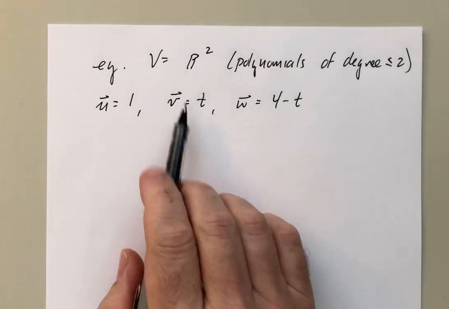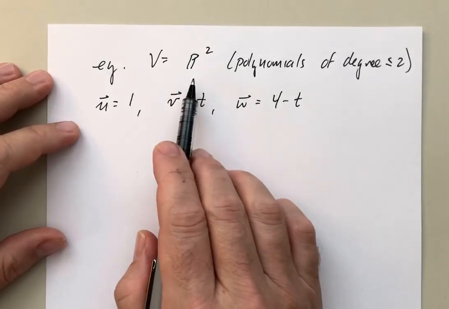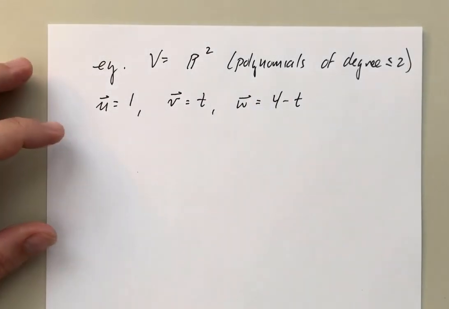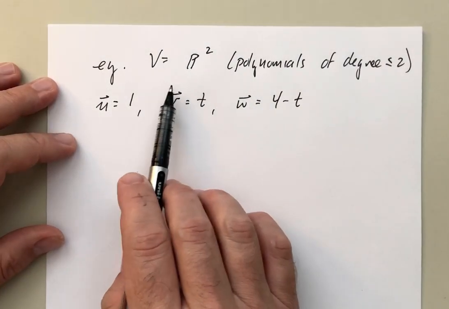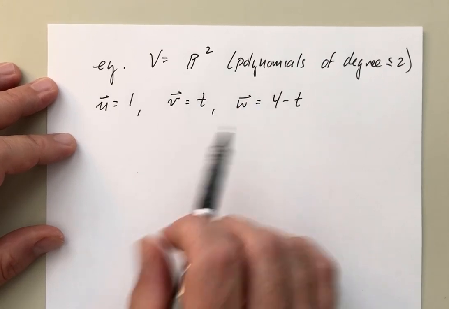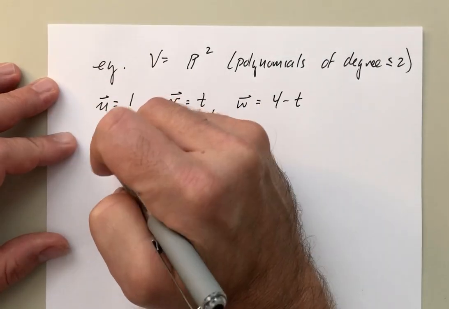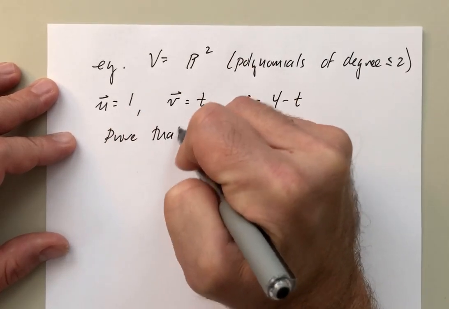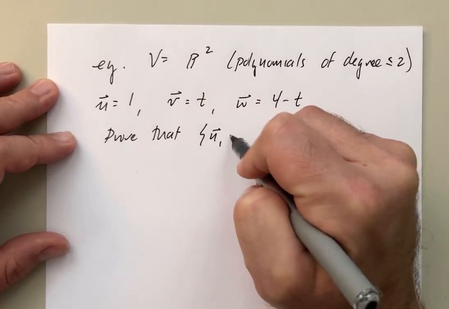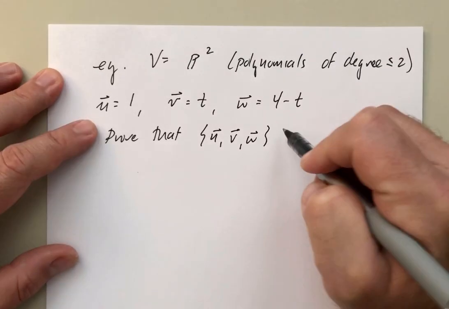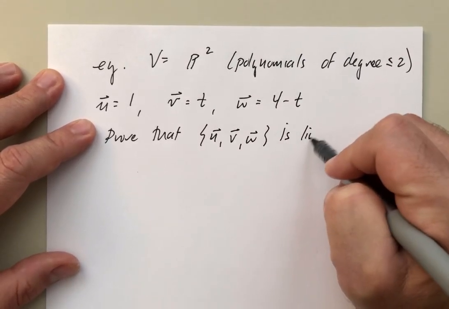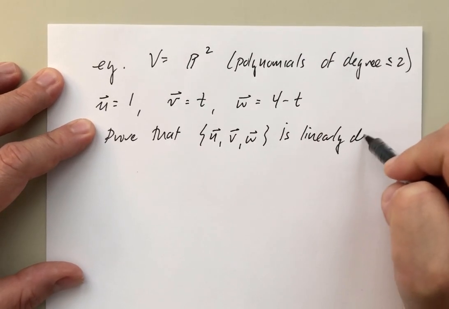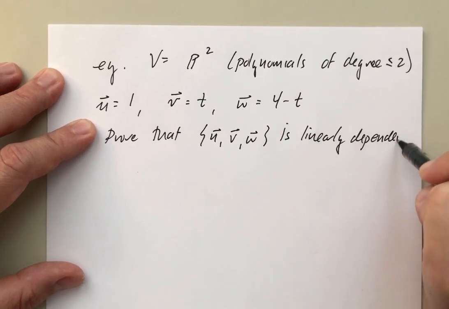So these are 3 vectors in this world of polynomials. They have degree at most 2. In fact, they're degree at most 1 here, but they are also polynomials of degree at most 2. And I want you to prove that the collection u, v, w is actually a linearly dependent set.